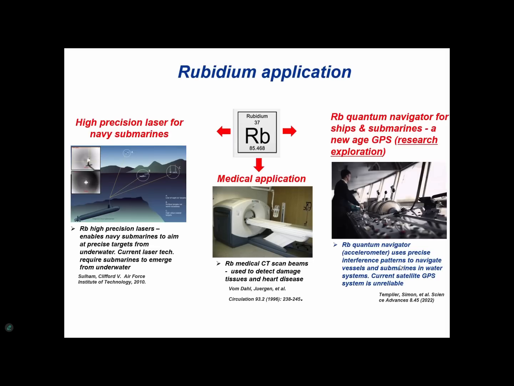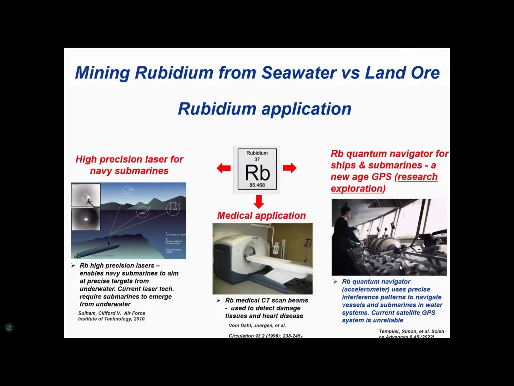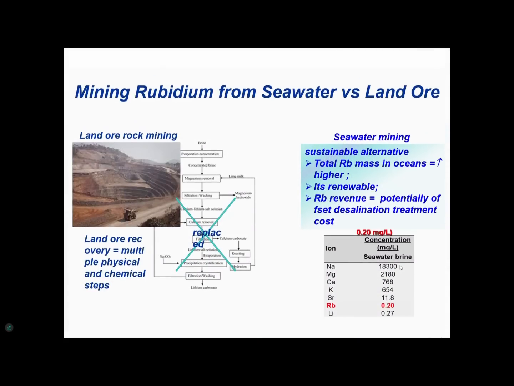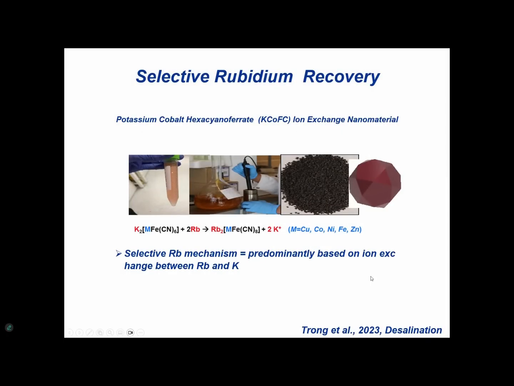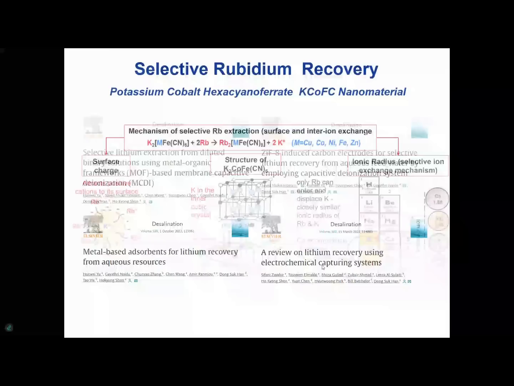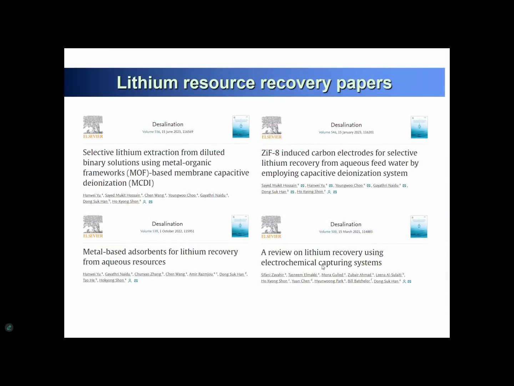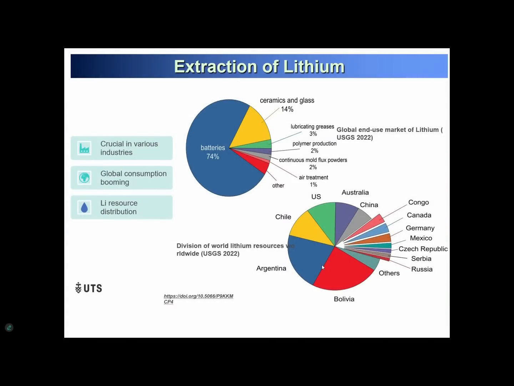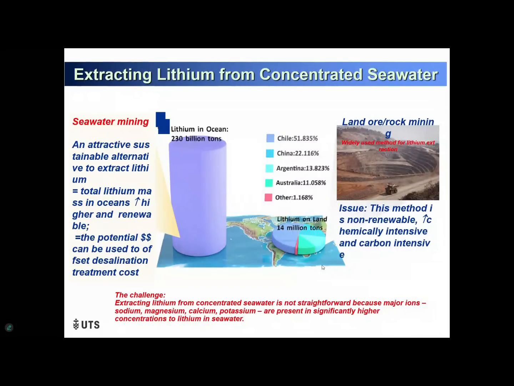It can be used for GPS and different medical applications, so a lot of people are pursuing this rubidium recovery. The Prussian blue method replaced with potassium rubidium is currently utilized, and we are also developing this technology to make more commercial opportunities. Also, lithium is still at a low concentration in seawater, 0.2 milligram per liter.